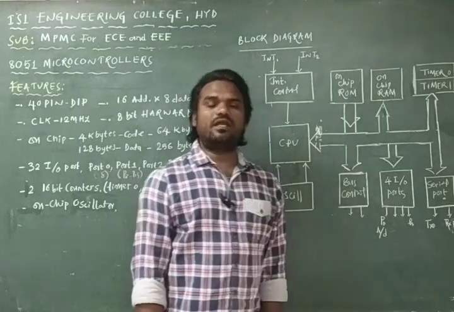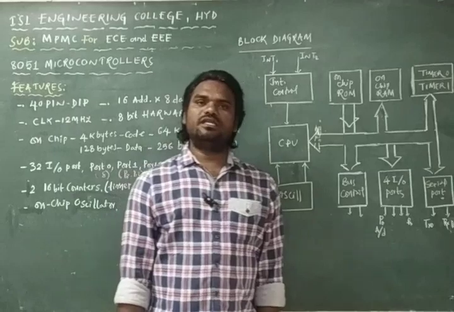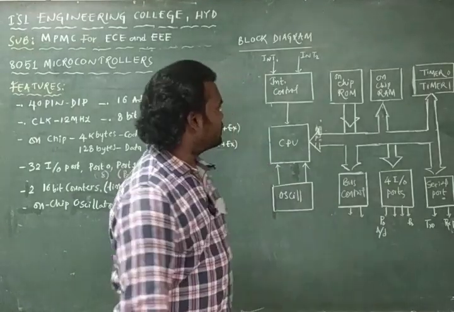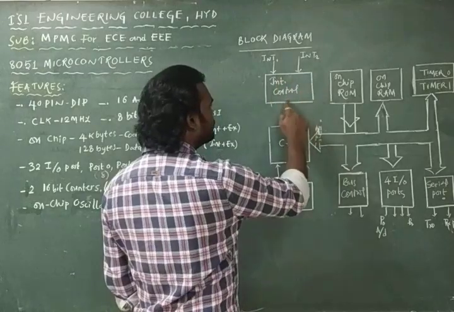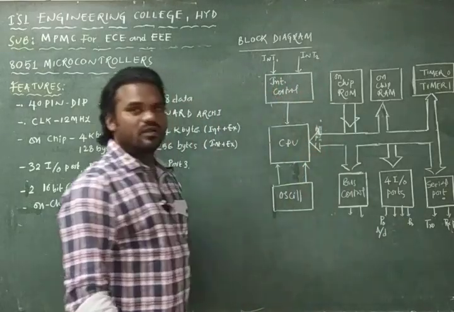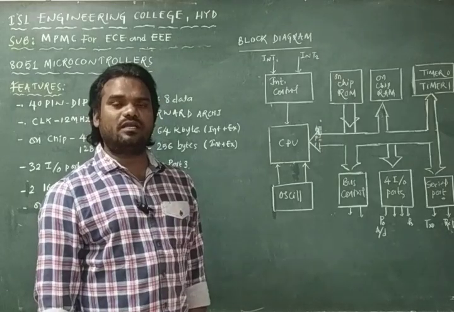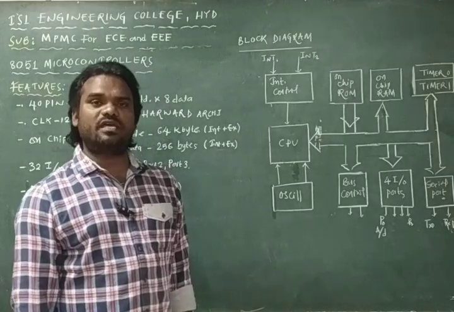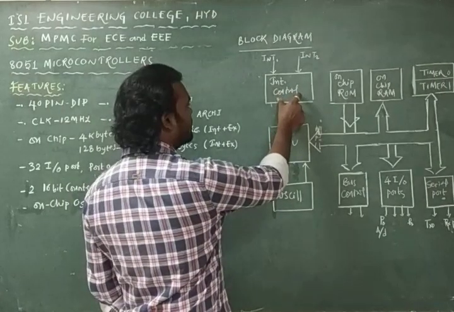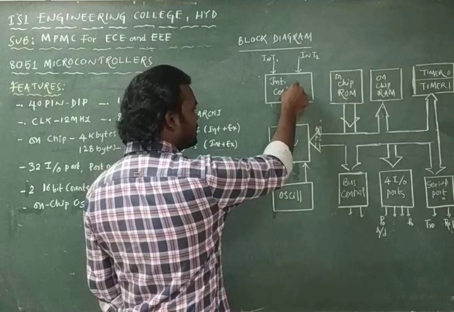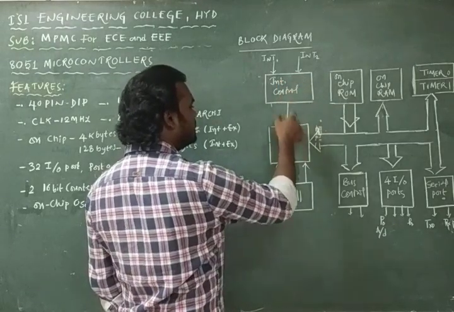After serving the interrupt, it is going to resume and complete the execution. It also has an interrupt controller, which takes the decision on which interrupt has to be served first, and that interrupt is then given to the CPU.